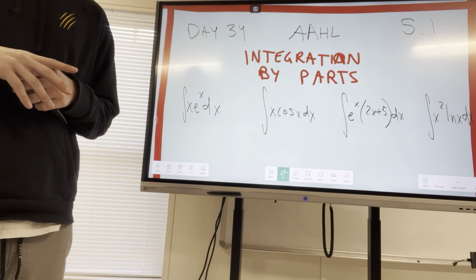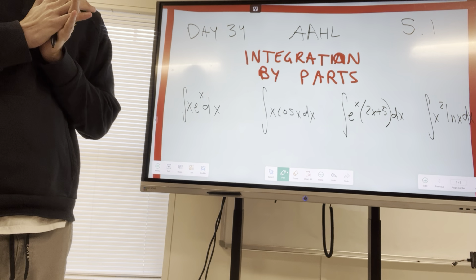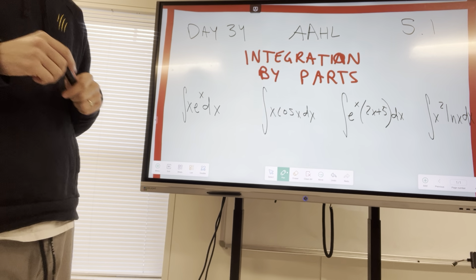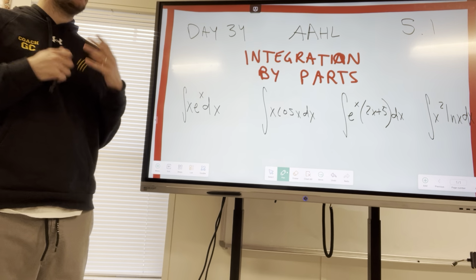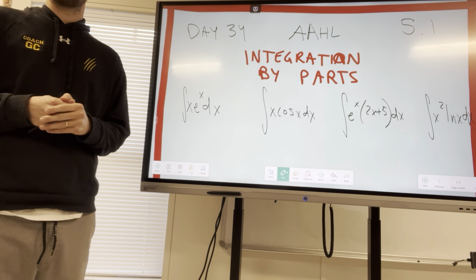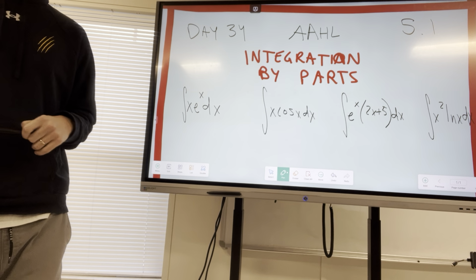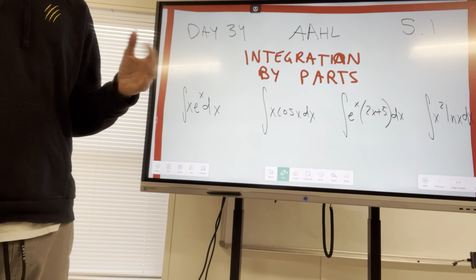Have you guys ever heard of the integration bee? I know MIT, fancy college, pretty smart kids. They have a spelling bee, but instead they have an integration bee. They put up a really hard problem and ask you to integrate it, and obviously it is more difficult than the integration of x squared.